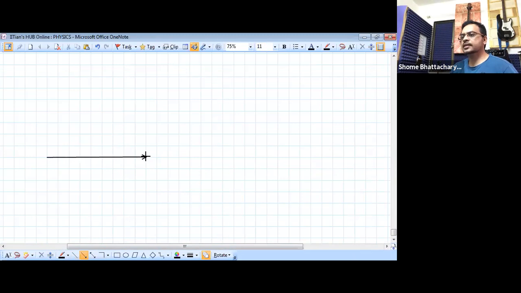Next, I want to find out this length, and I want to find out this angle. But for that, yes, very good, that's correct. You just have to use Pythagoras theorem once more.